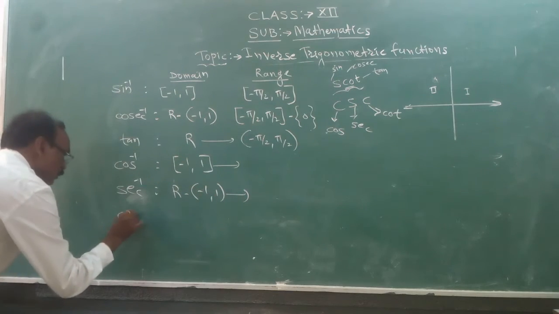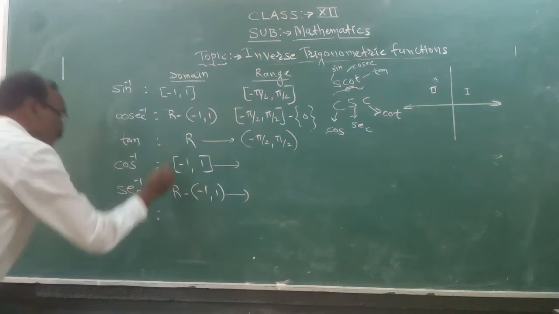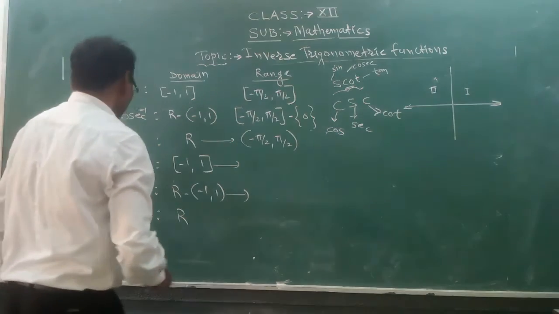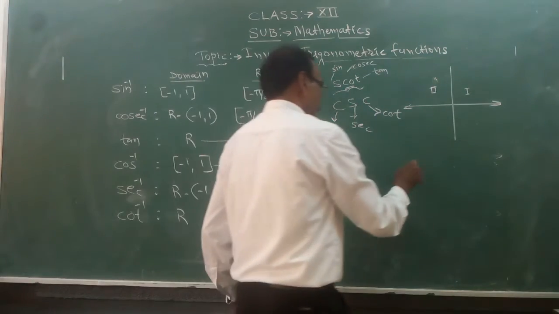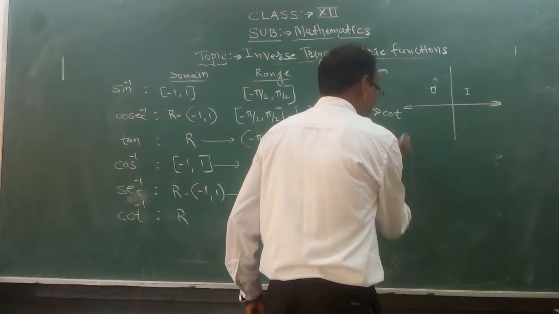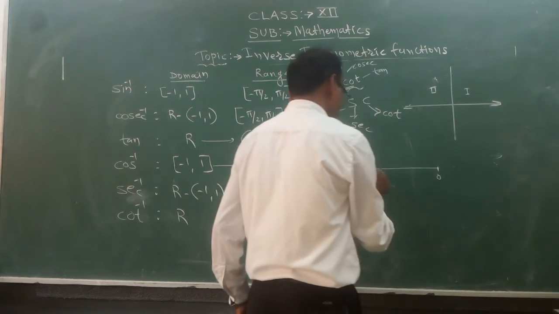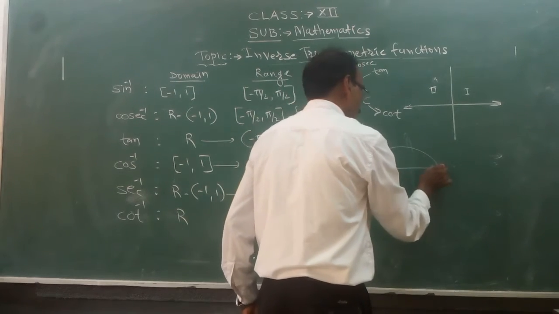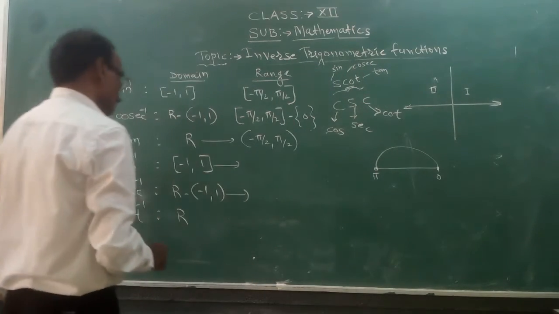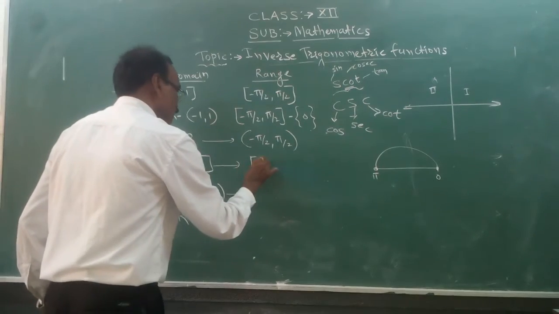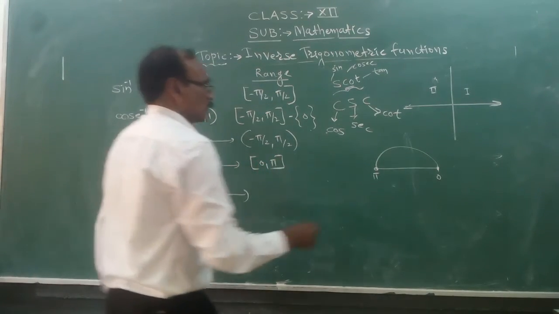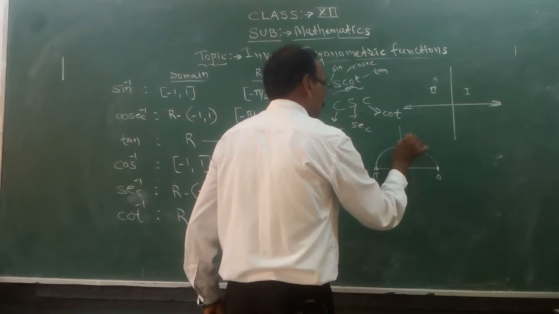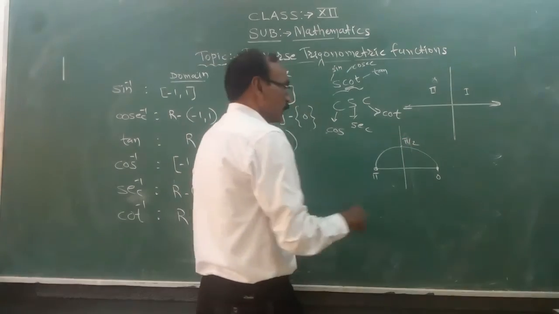Then cot inverse is the same as tan, that is all real numbers. Now for the range, cos inverse takes 0 to pi, first and second quadrant, closed, so 0 to pi.